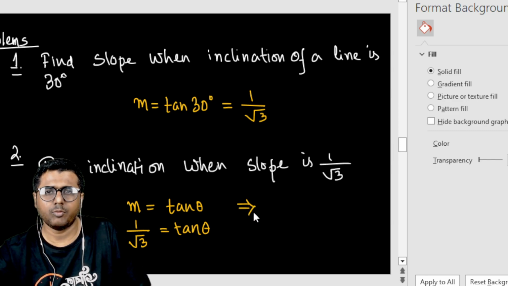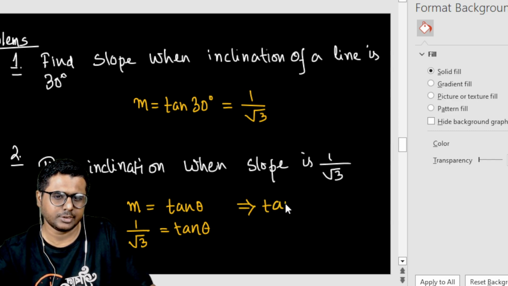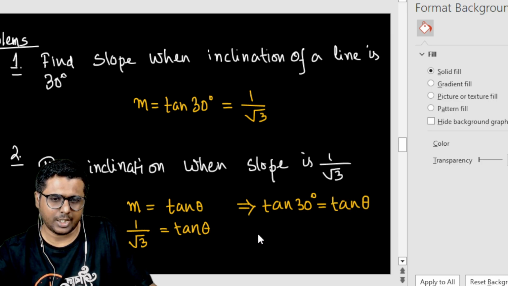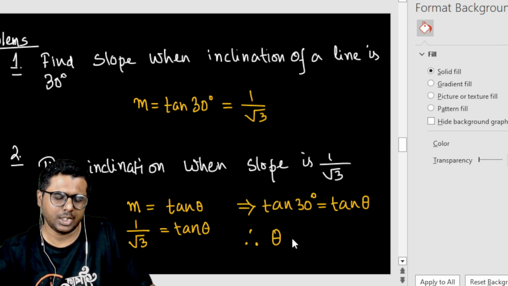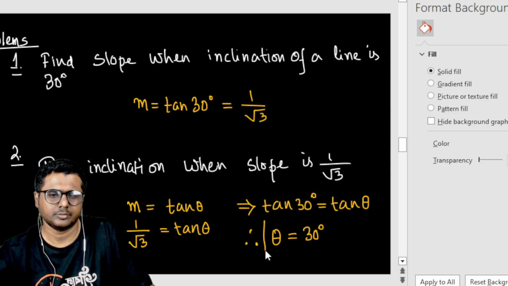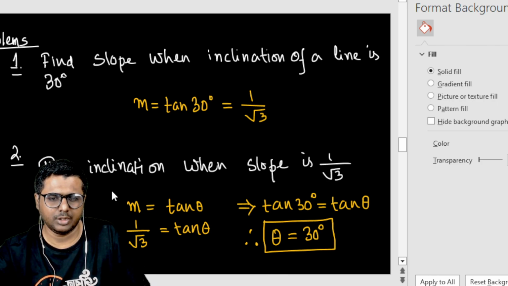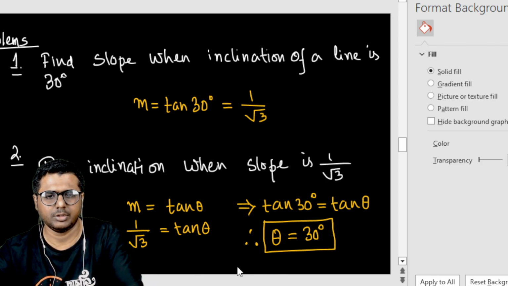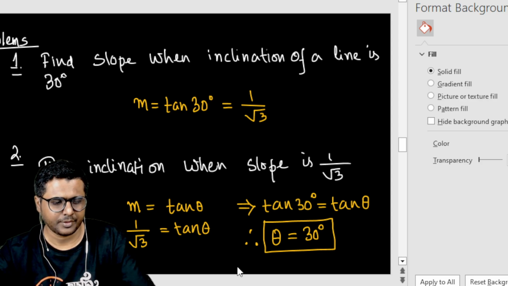See, 1 by root 3 you will write like this: tan 30 degree is equal to tan theta, and after this line you will write therefore theta is equal to 30 degree. Okay? This is how the total problem is going to get solved. Okay?